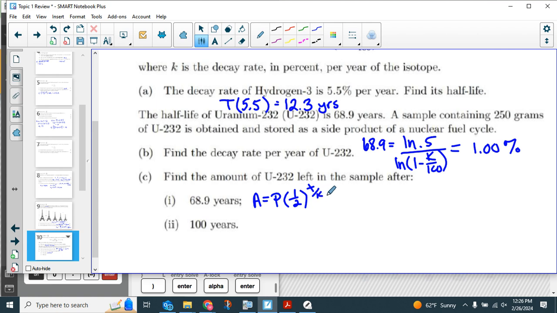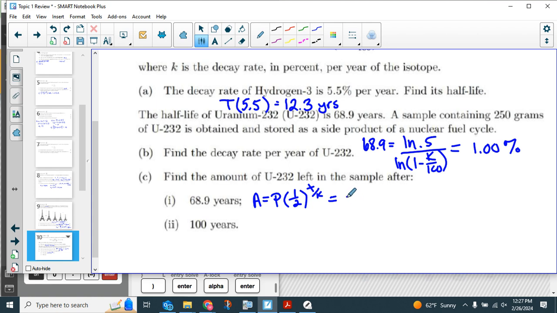No, this is not in the formula sheet, but it makes it infinitely easier. A is your final amount, P is your initial amount, T is your time in years, K is your half-life. So here it says how much is left after.